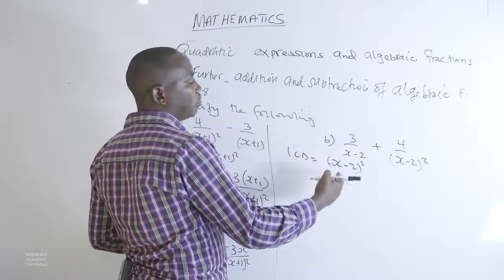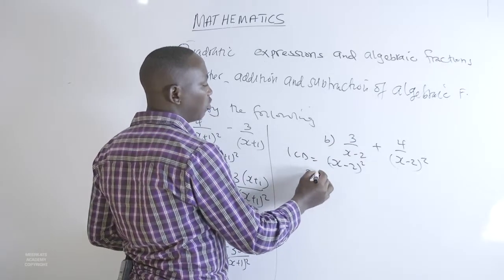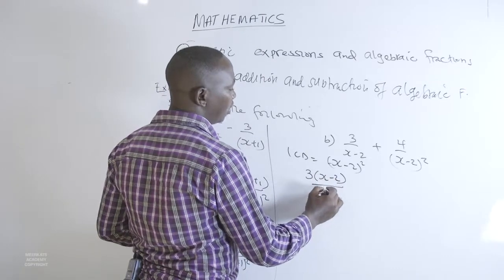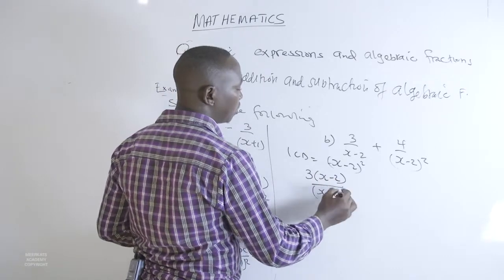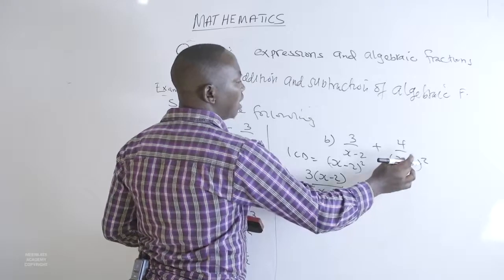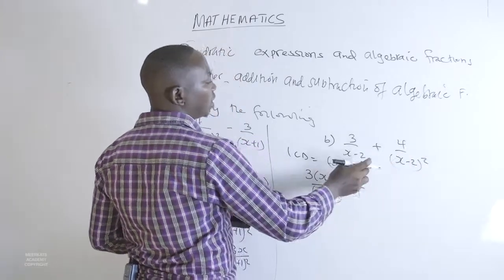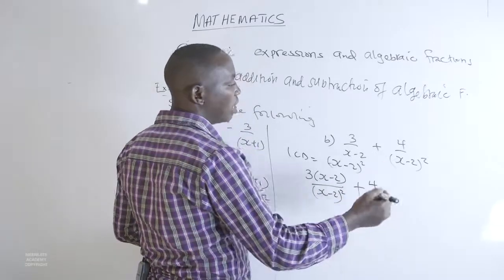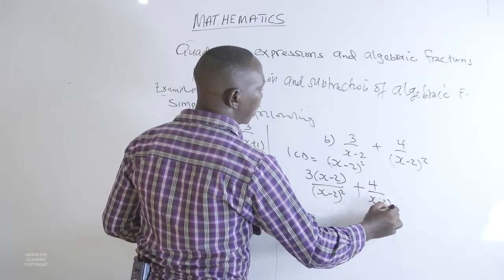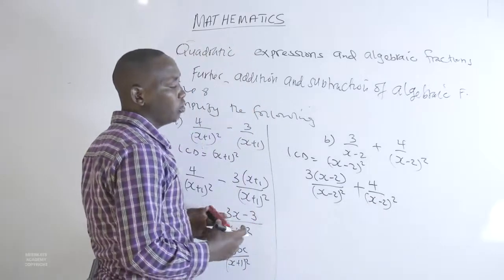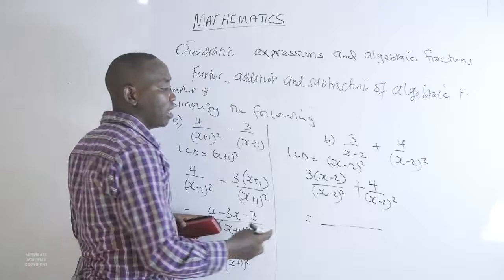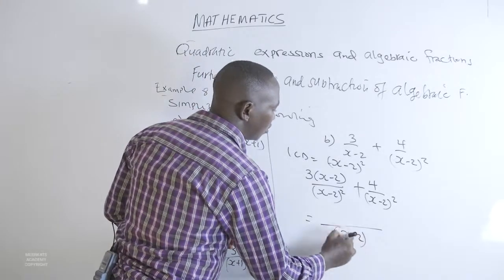We multiply 3 by x minus 2, that will be 3 into x minus 2 all over the new denominator, (x minus 2) squared, plus (x minus 2) squared goes into (x minus 2) squared one time. So this will be 4 multiplied by 1 divided by (x minus 2) raised to 2, which is the highest power. So when we write them under one denominator, this is going to be (x minus 2) squared.